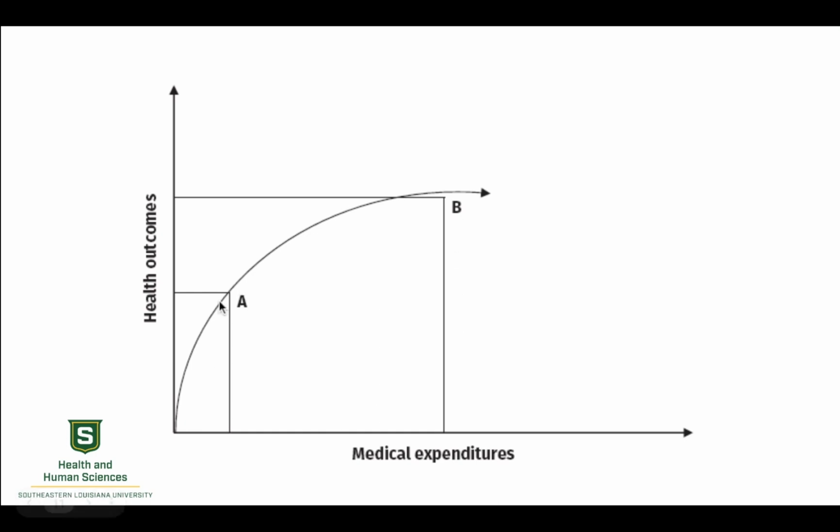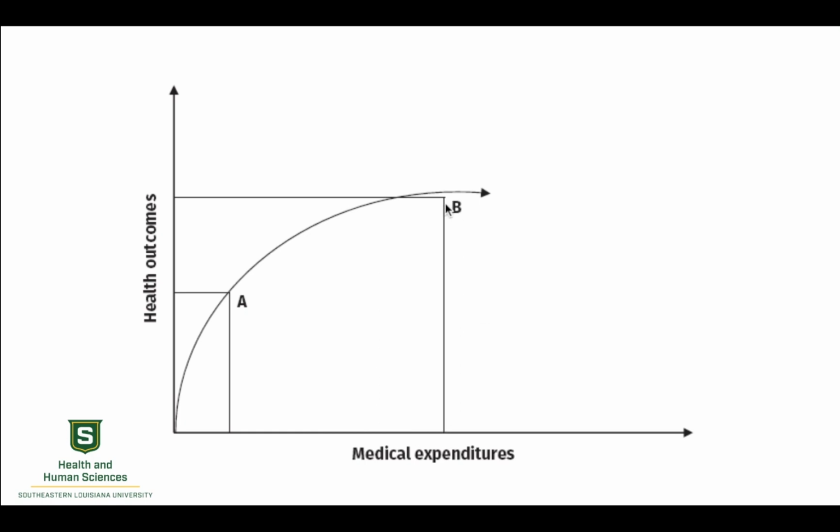And this is where a lot of primary care resides. Then this is where a lot of secondary care resides, where what you're gaining in health outcomes is not proportionately related to the expenditure.